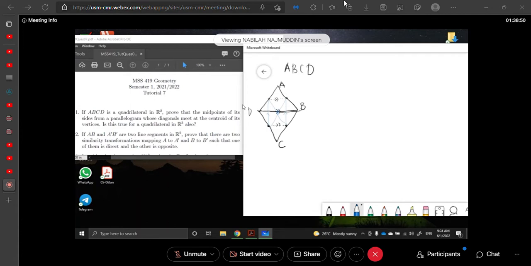The centroid of the parallelogram is actually the centroid of ABCD.